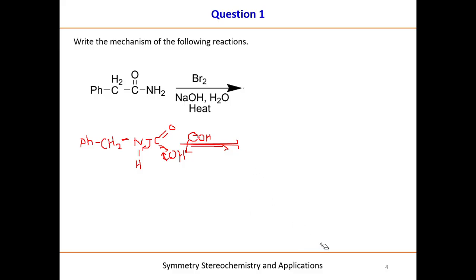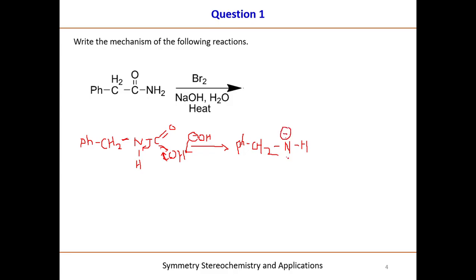Okay. So here we have PhCH2 N H and negatively charged.